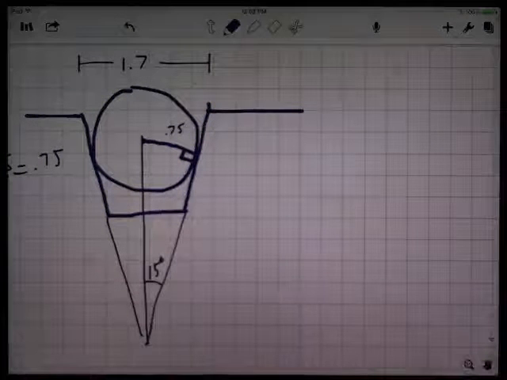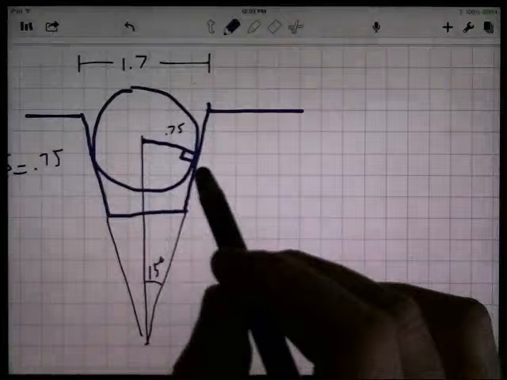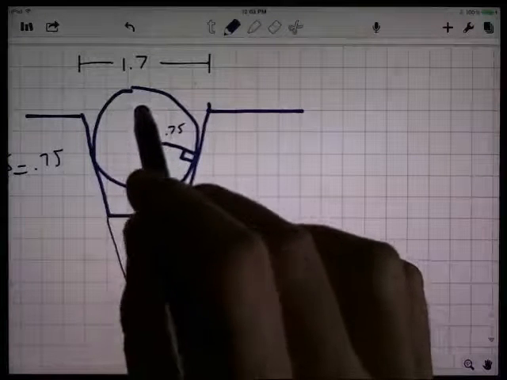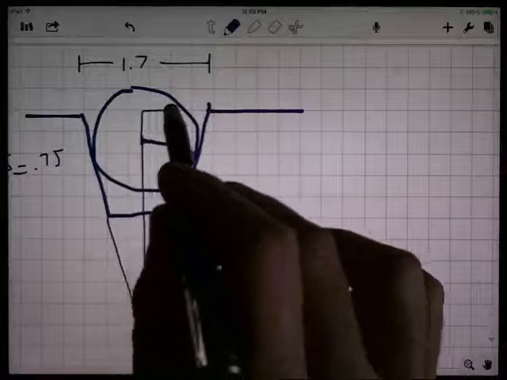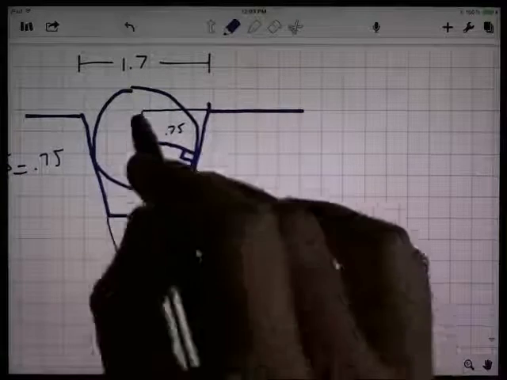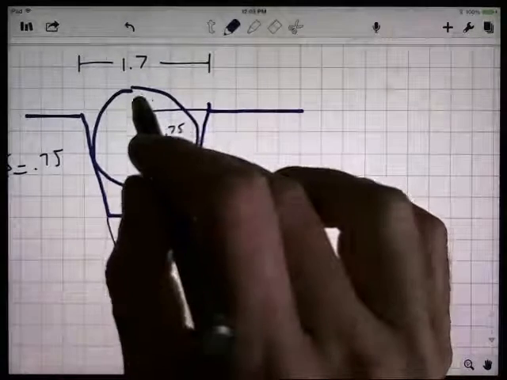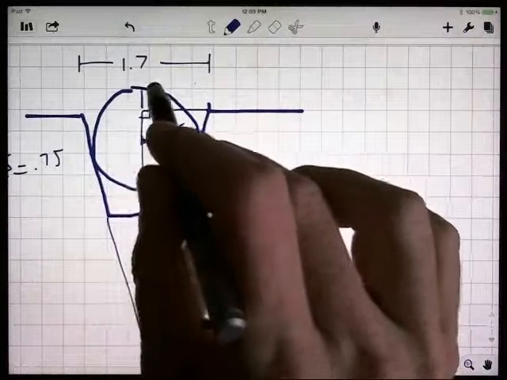Okay. Now, I think if I were to extend this up here to the same level as that, I have another right angle. The thing I'm looking for is this length here.